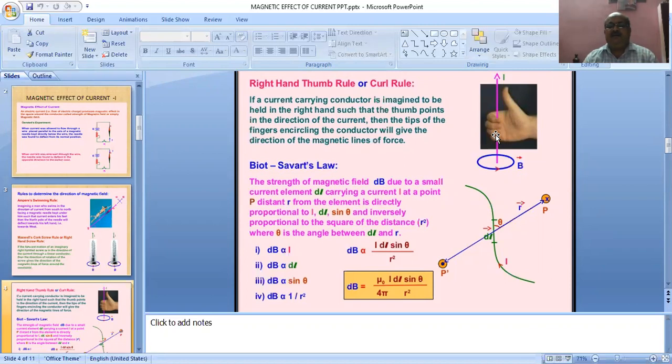In Oersted's experiment, we had taken the conductor perpendicular to the plane. Here, the direction of magnetic field is also perpendicular to the plane at a point, either normally outward or inward. So we can say that at a point on the plane, magnetic field is either parallel or anti-parallel to the current flowing through the conductor.